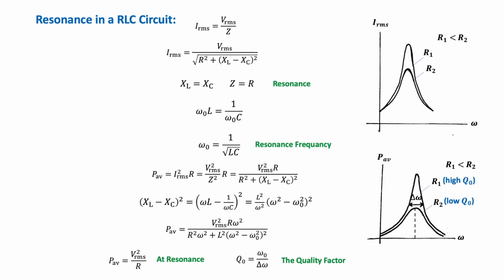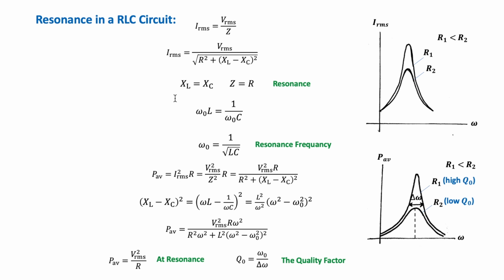We will now discuss resonance in an RLC circuit. An RLC circuit is in resonance when the current has its maximum value. The current IRMS is equal to VRMS over Z, which is equal to this expression. Because XL and XC are frequency dependent, the current is also frequency dependent.